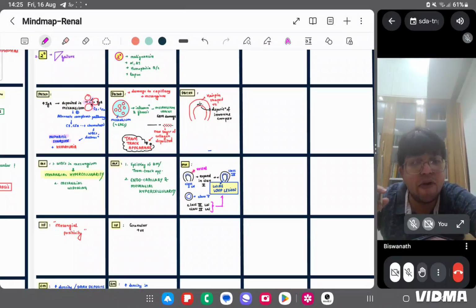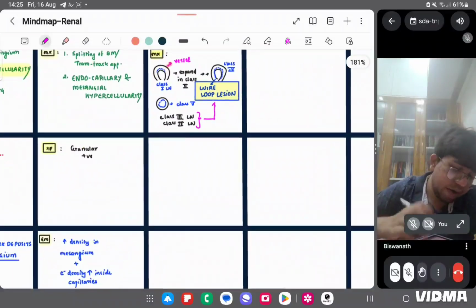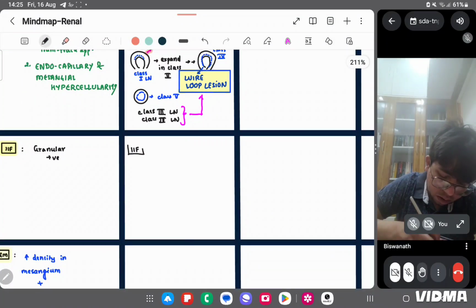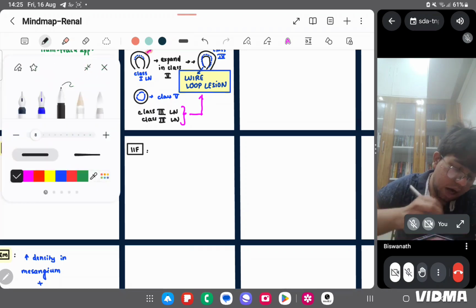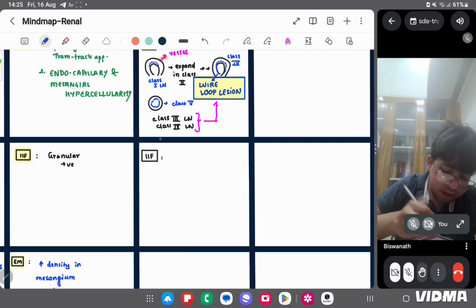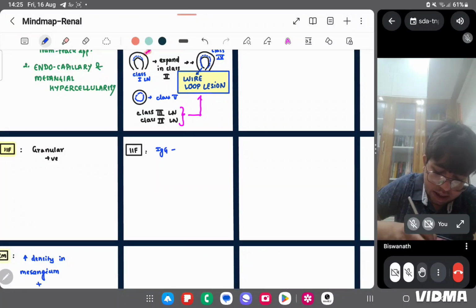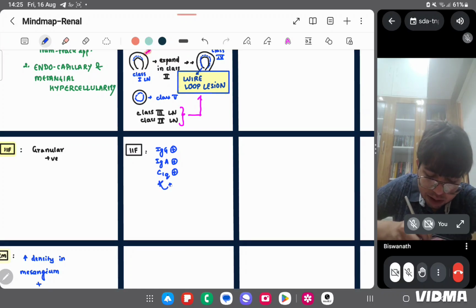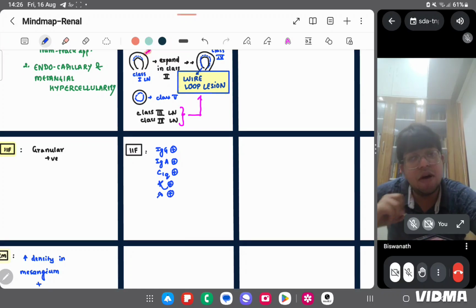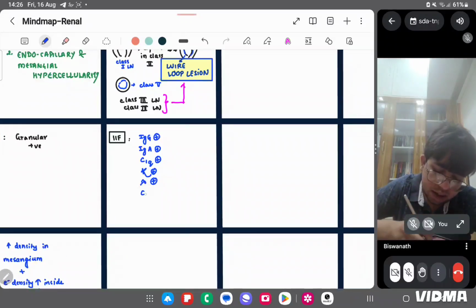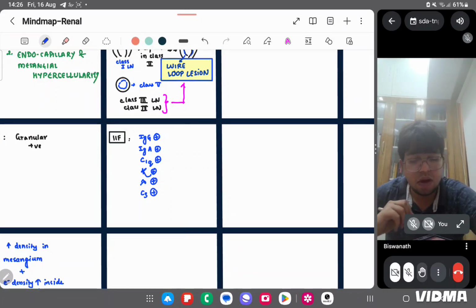There will be immunofluorescence positivity, IIF. I told you, all positive. IgG, IgA, C1q, kappa, lambda and C3 are all positive. Done. This is about immunofluorescence.